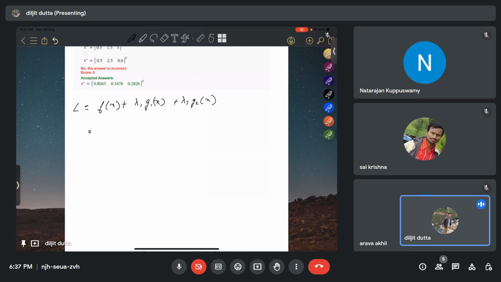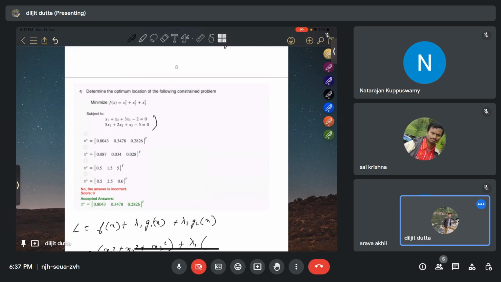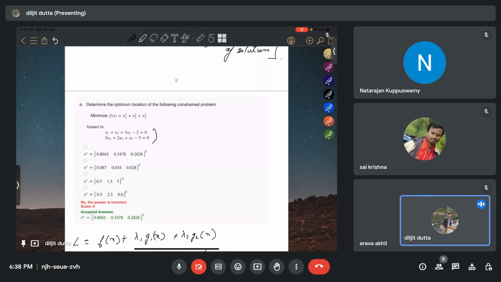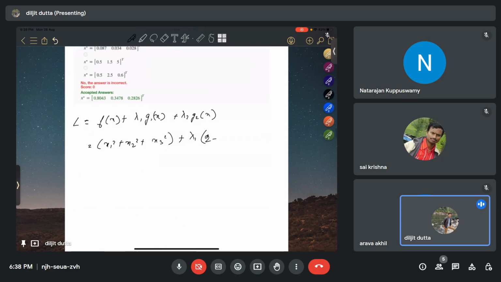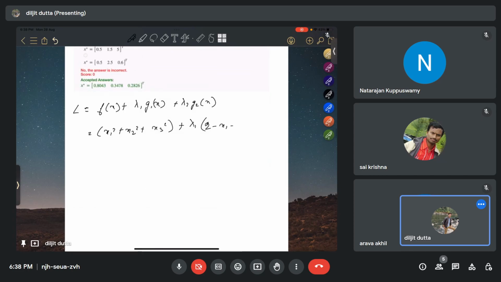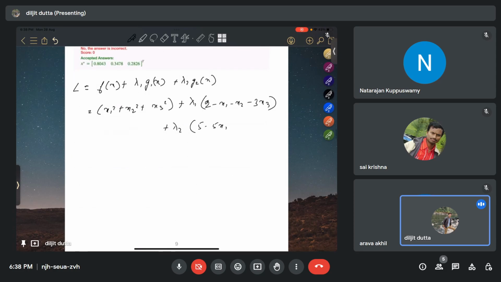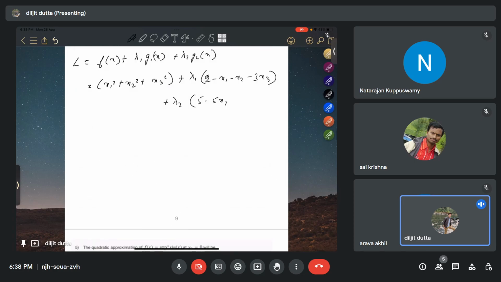So we have to rewrite: f of x equal to x1 square plus x2 square plus x3 square, plus lambda 1 g1 of x, which will be x1 plus x2 plus 3x3 minus 2, plus lambda 2 into 5 minus 5x1 minus 2x2 minus x3. Okay, so we've got the Lagrangian.